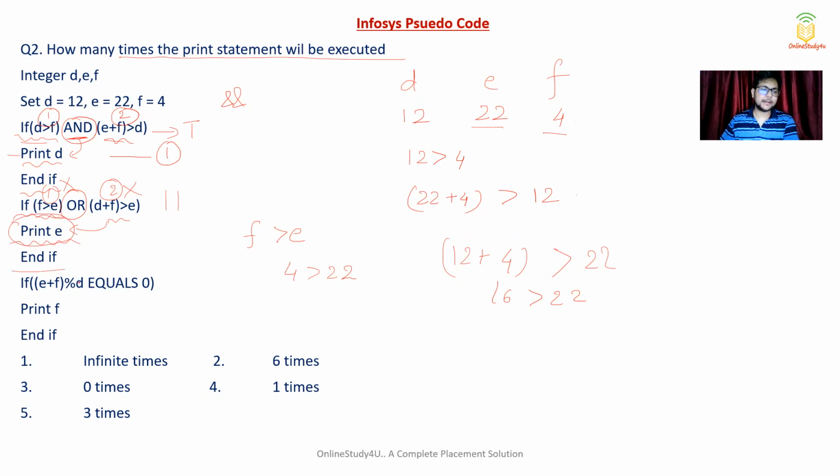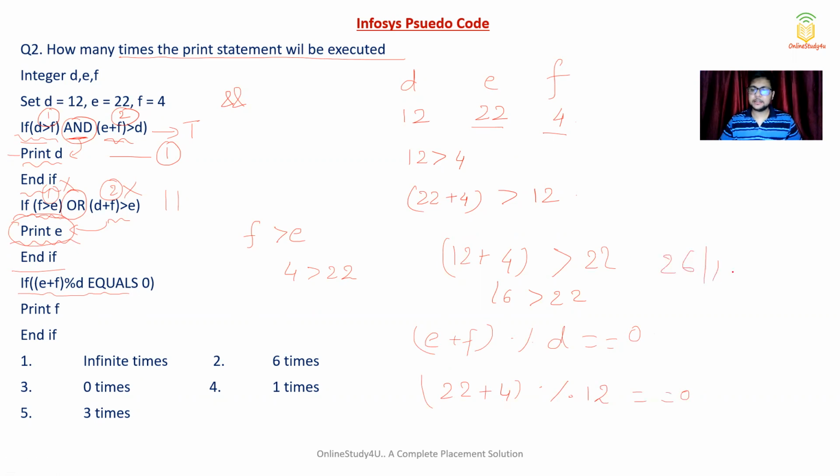Now the if statement ends here. Now we have again an if which says e plus f mod d equals 0. That is 22 plus 4, 26, and 26 mod 12 is 0? This can also mean: is 26 completely divisible by 12?